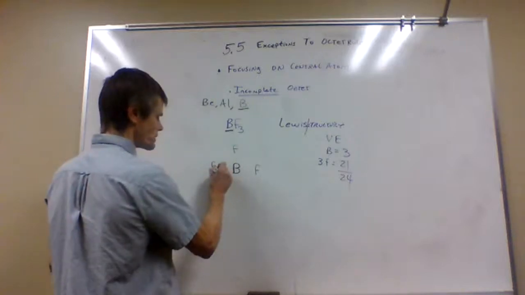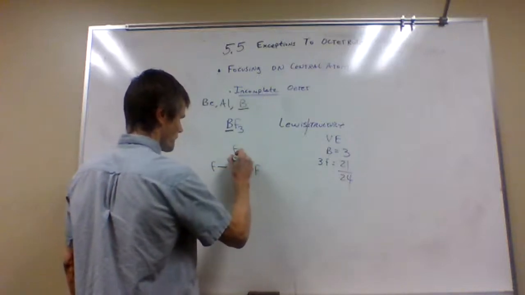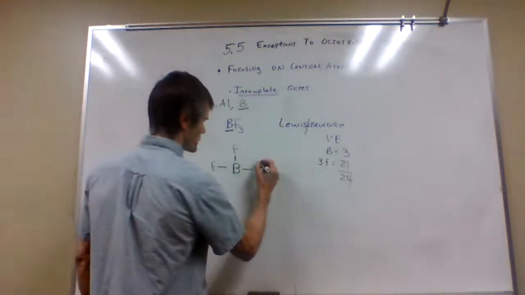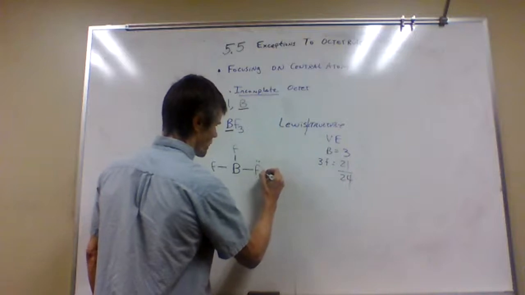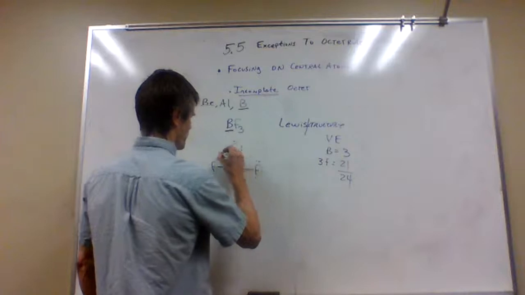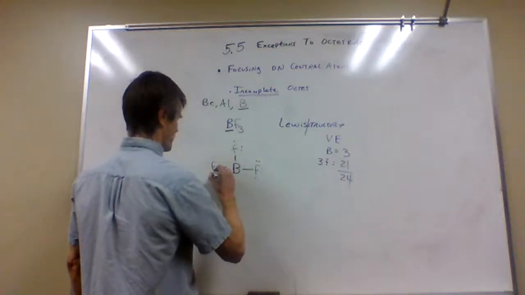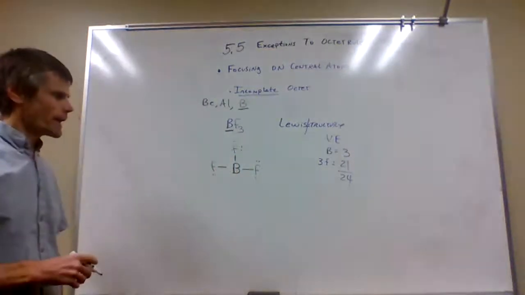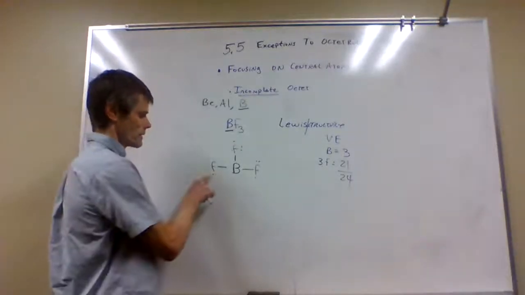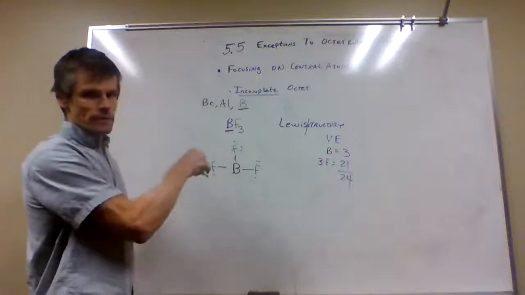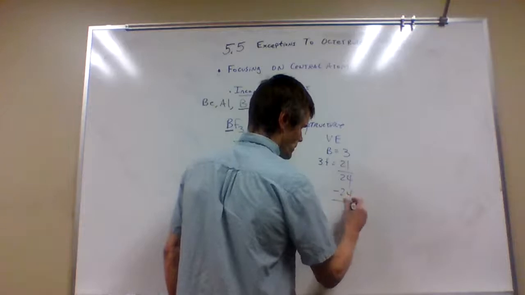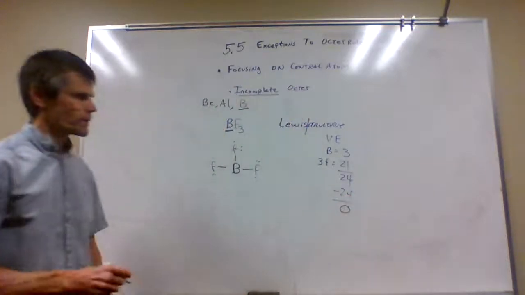We need bonds, and we'll fulfill the octets of our fluorine. If we take into account all the electrons that we've used, we would see 2, 4, 6, 8, 16. We've used up all 24 electrons. We don't have any more to work with.